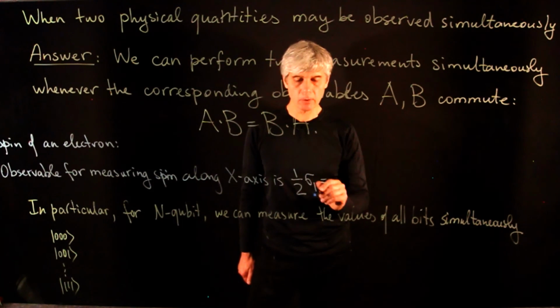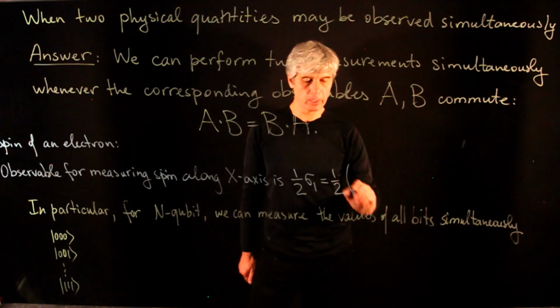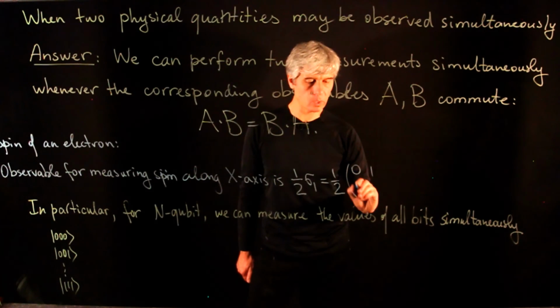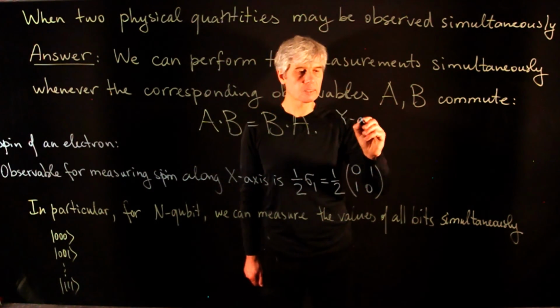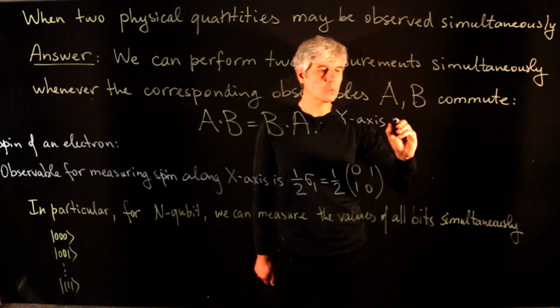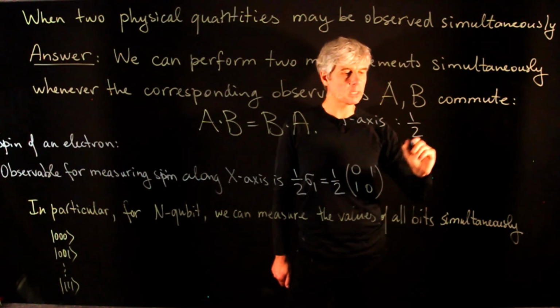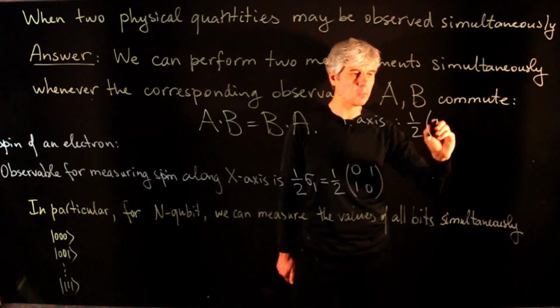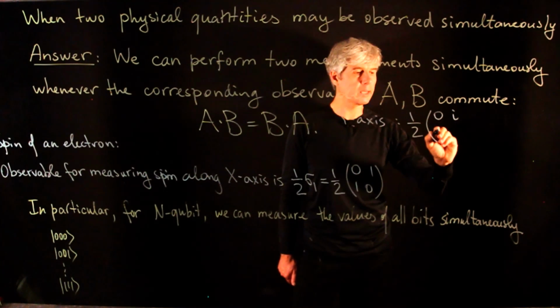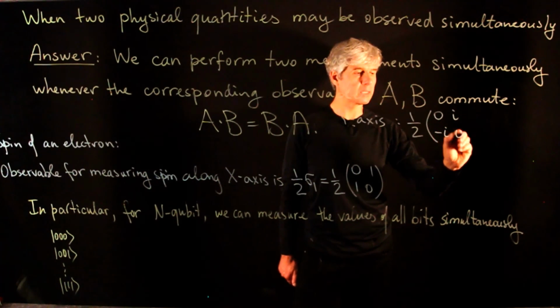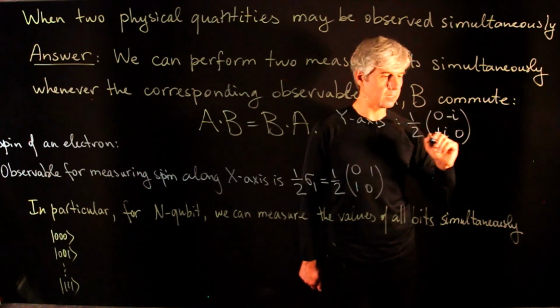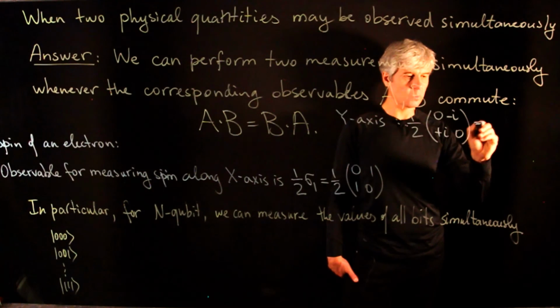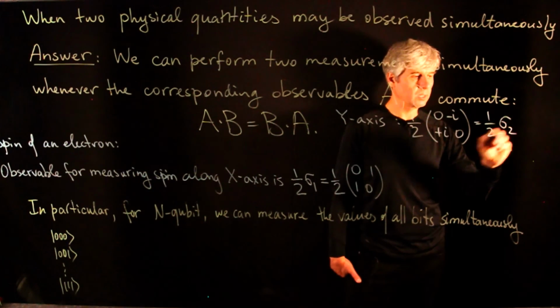This is the Pauli matrix sigma 1, which is the matrix 0, 1, 1, 0. Right? So for the y-axis, this will be a matrix 1/2 of the second Pauli matrix, so 0, -i, i, 0. So this is 1/2 of sigma 2.